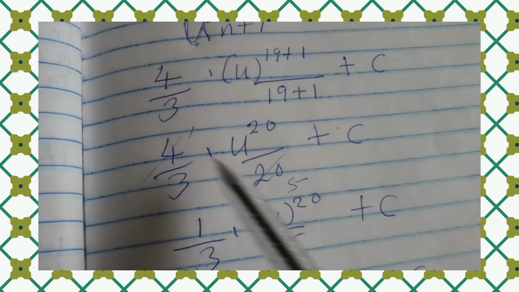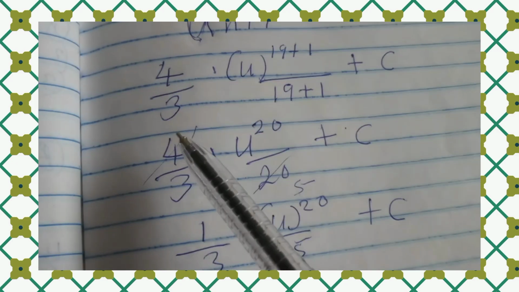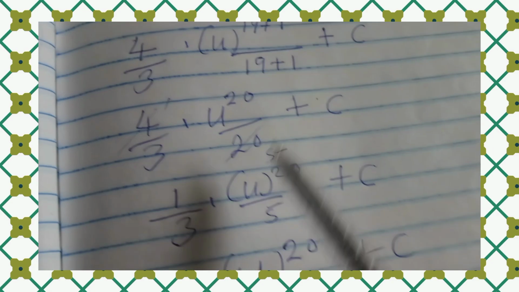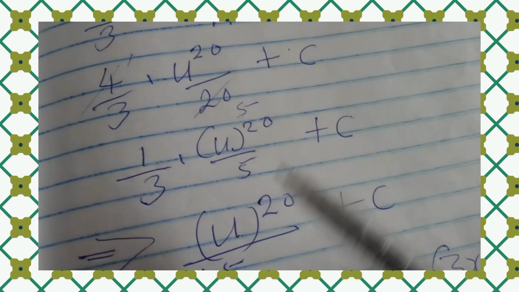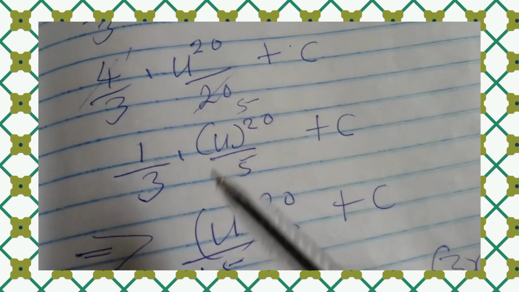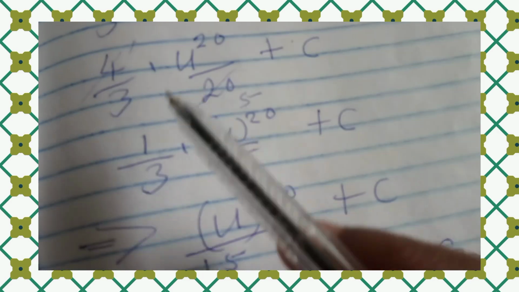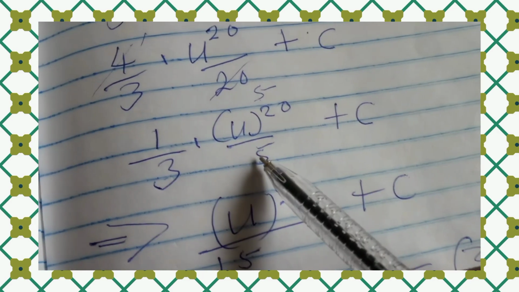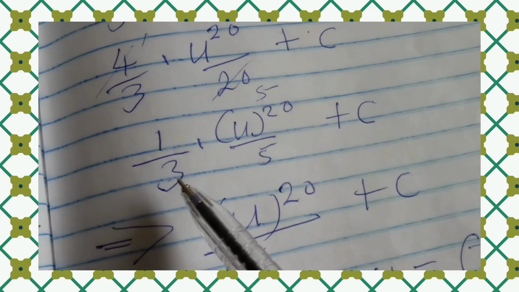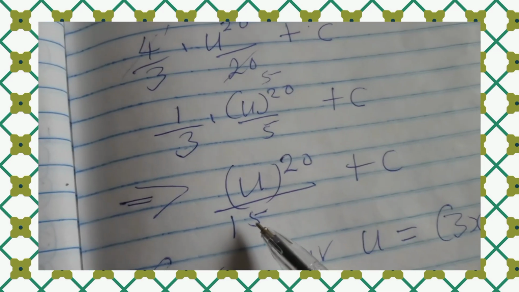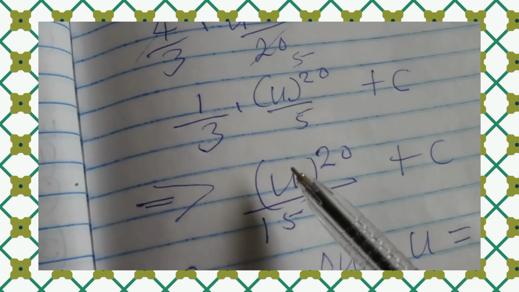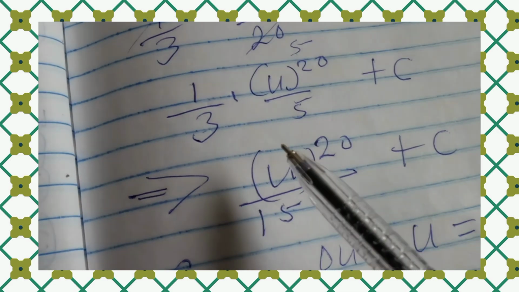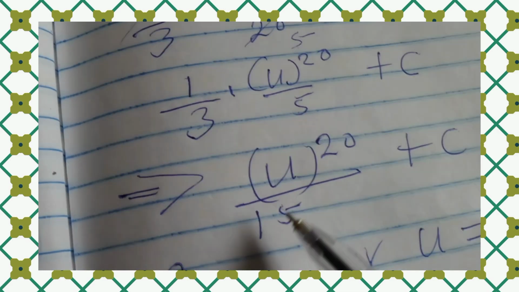Here we know that 4 can go into 4 once, 4 can go into 20 five times, to make the thing more simple. So we are going to have 1 all over 3 here times u raised to the power of 20 all over 5 plus c. And we know that 3 times 5 is going to give us 15. That is why I have the function u raised to the power of 20 all over 15 plus c.